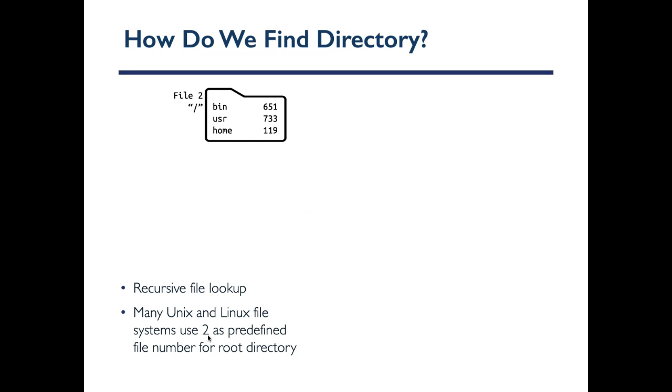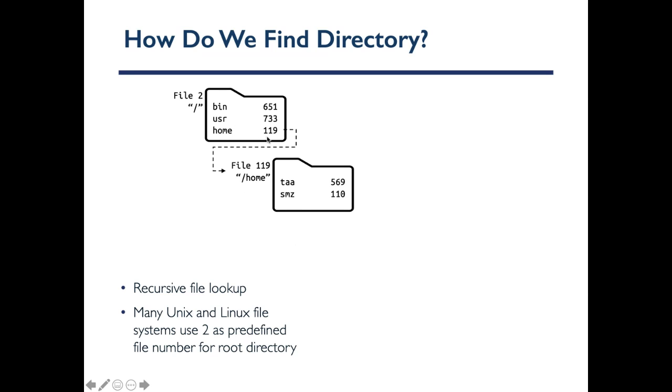So there should be something that I start my recursive search from. Again, in Unix systems, usually it's 2. So let's say I open file number 2 as my root directory. Now I look for /home.